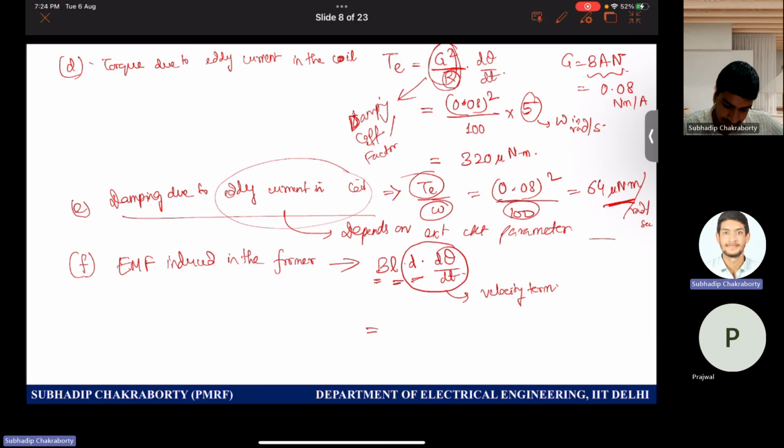So from the parameters that have already been given in the problem, you can determine the EMF induced in the former to be 1600 microvolts. And eddy current in the former is the EMF divided by the resistance.